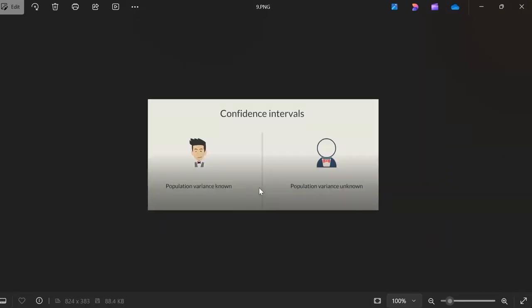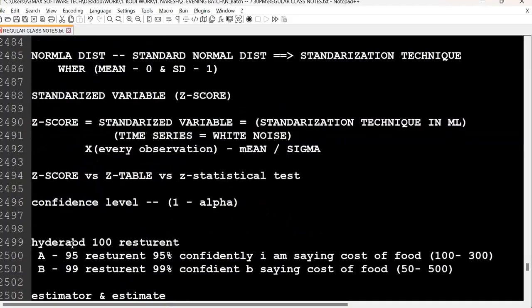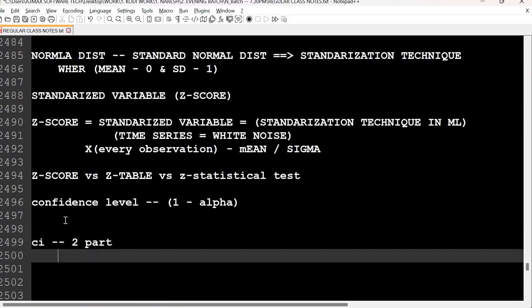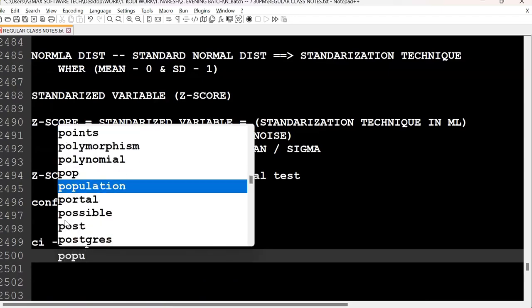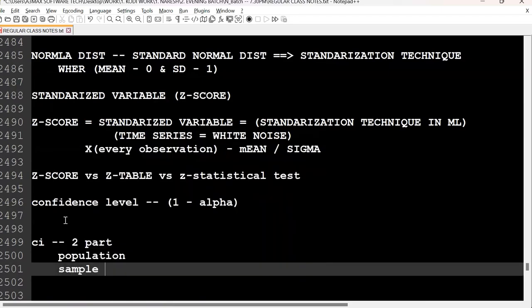And finally, before I go ahead, confidence interval, CI, is divided into two parts. One is for population, one is for sample.